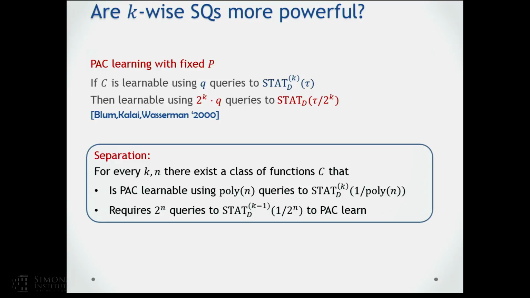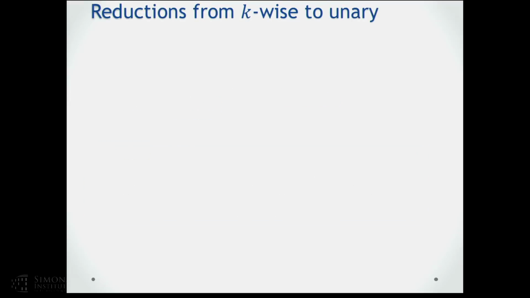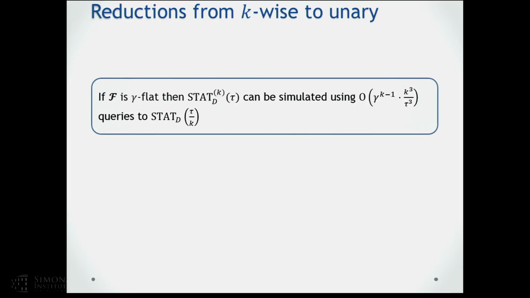So basically, this shows that in the more general setting, one cannot have a strong upper bound on the power of k-wise queries, but maybe in some interesting special cases one can, and that's what we showed. The first one is a reduction from k-wise to unary queries, where we exploit the structure of the class of distributions that we have.